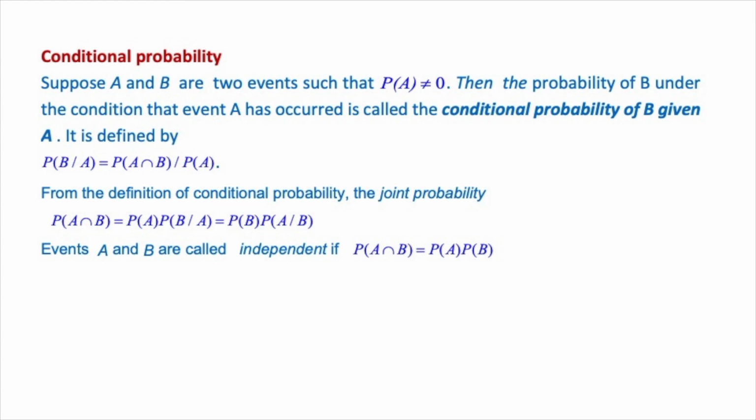So, what is the probability of the intersection of A and B? That divided by P(A), normalized by P(A), that will give us the conditional probability. Similarly, we can define P(A given B).